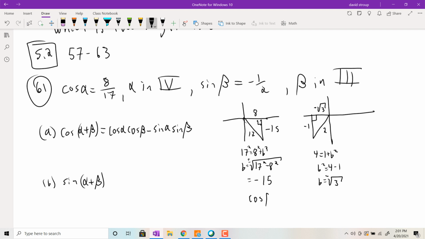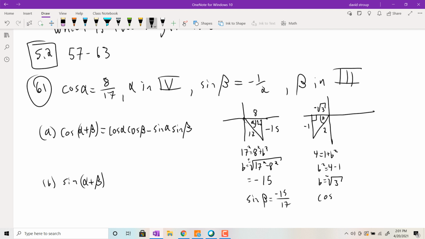So I need cosine of alpha. Cosine of alpha is going to be adjacent over hypotenuse, so 8 over 17. Oh, sorry. This one's alpha, and the other guy's beta. I need sine of alpha, which is opposite over hypotenuse, negative 15 over 17.